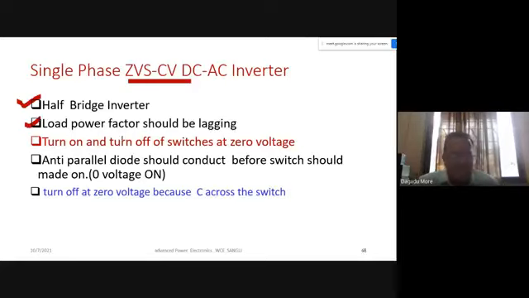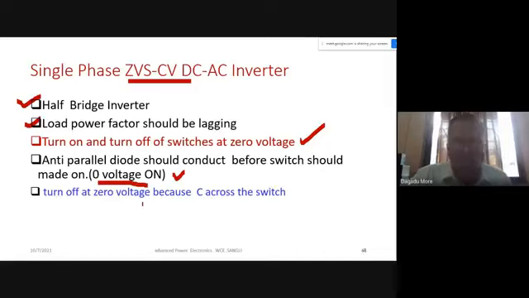We have turn on and turn off of the voltage at 0 voltage. Anti-parallel diode is conducting before the switch is turned on, so that 0 voltage turn on is possible, because the anti-parallel diode is conducting, the voltage across the switch and diode will be 0, and then we are turning on the switch, so that the device will turn on at 0 voltage.